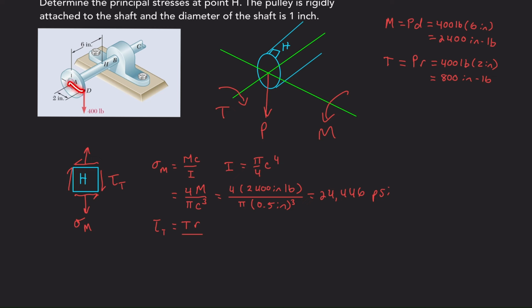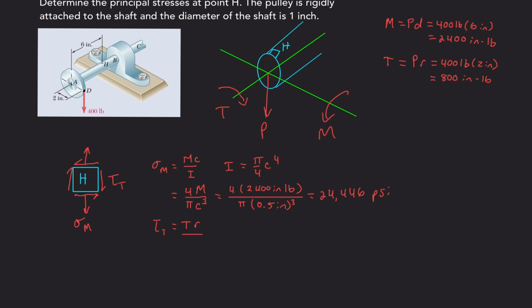So here the radius of the pulley is 2 inches. In the stress case, the radius of the shaft was the C, which was just 1/2 inch. This would be the radius of the shaft, 1/2 inch.